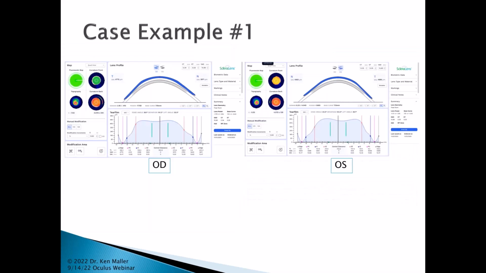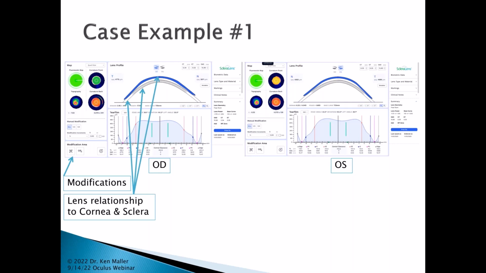All right, now here you can see 2 wave lenses that I did for this particular patient. This is not a wave fitting lecture, so I'm not really going to go into a lot of detail here, but that's the modification area. The lens relationship to cornea and sclera is shown in the top half of the screen. The blue arc is the contact lens that I designed, and the gray and white arc out in the periphery is the actual data that's been brought over from the Pentacam to create that shape.